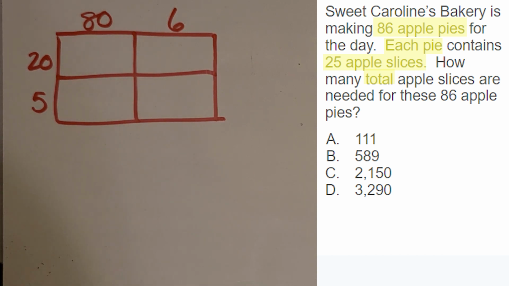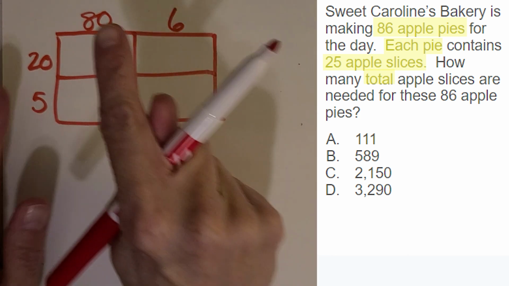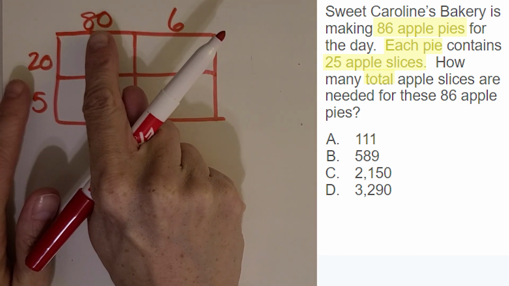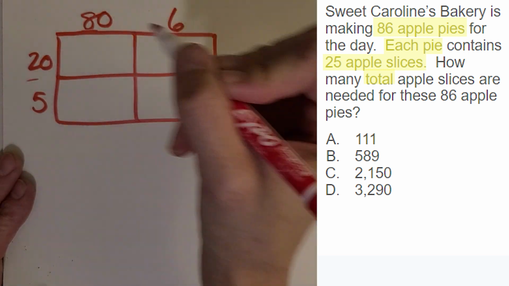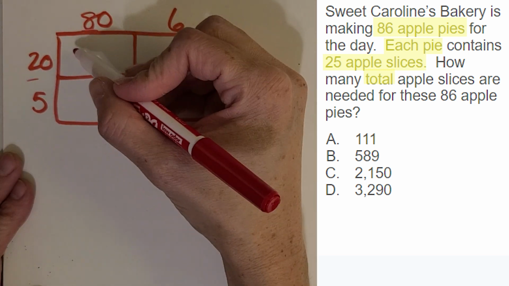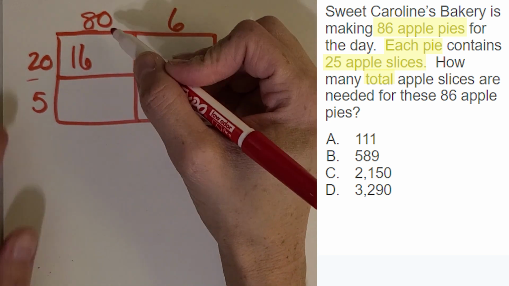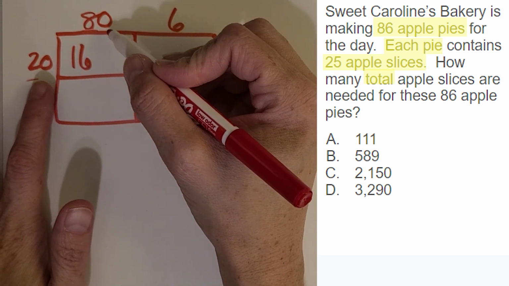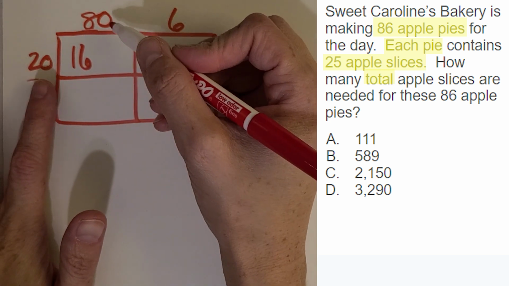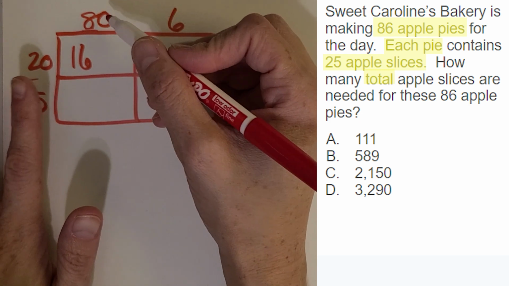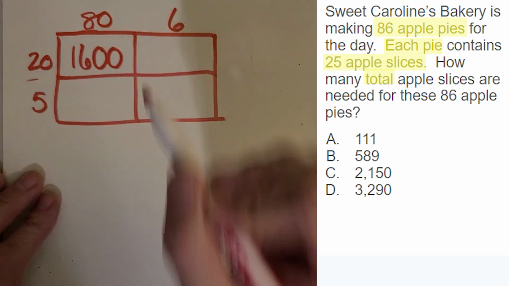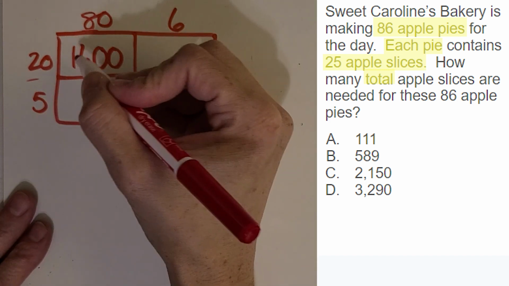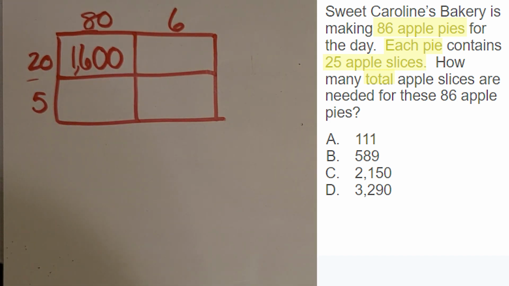Okay, so first thing I would do is start with this top one. So what is 2 times 8? You got it, 16. And then how many zeros do I have in my factors? Ooh, 2. So I put 2 in my product. So it is 1,600.